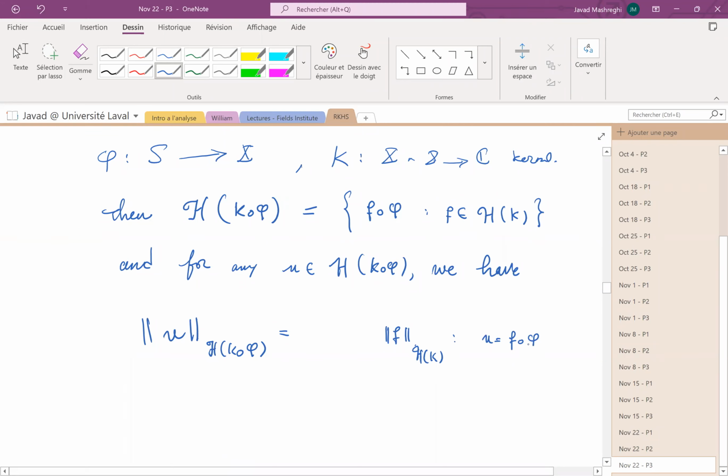So if U is obtained from composition with phi, U would like to have the norm of F, but the same problem as before in the case of addition: F is not unique. Different F may compose with phi and give the same function U. And therefore, based on what we saw before for addition, it is natural to add a minimum here. Among all the possible representations, the one which gives the minimum norm is the right norm of U.